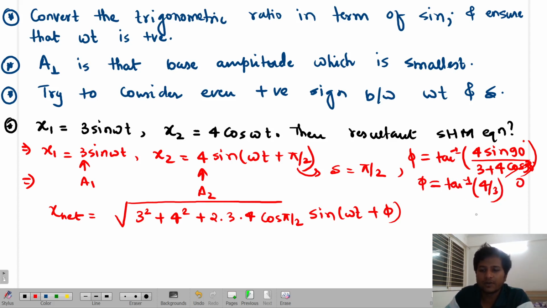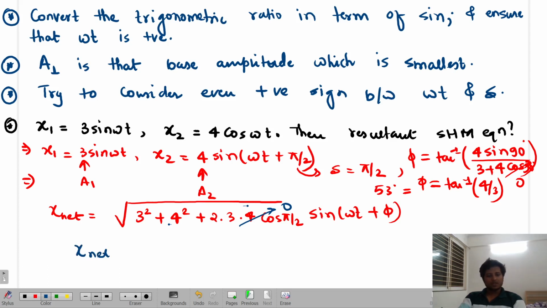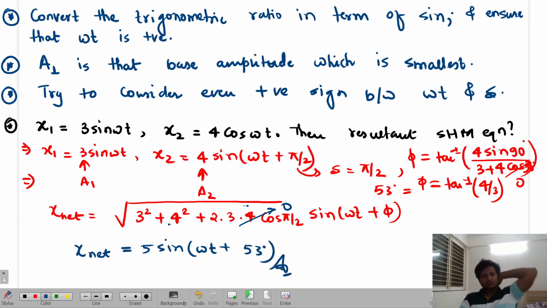But tan theta 4 by 3, that happens for 53 degree, isn't it? So phi is equal to 53. And this one is also 0. So this is 4 square plus 3 square, which is 25. So x net is equal to 5 sine omega t plus 53 degree. That's your answer. Got it?